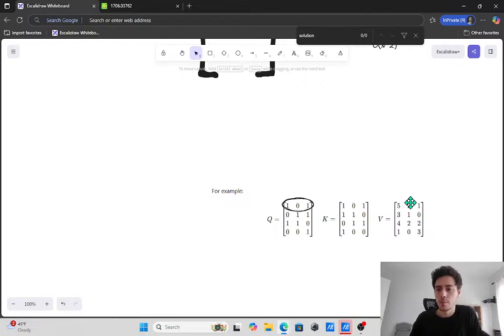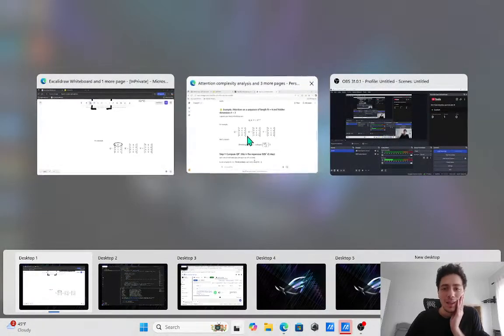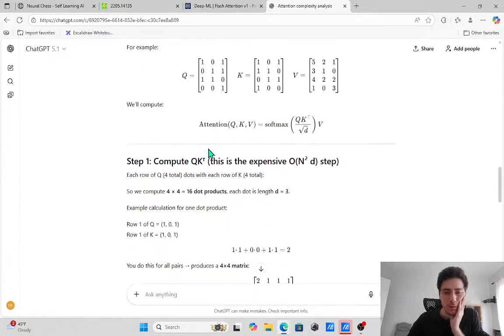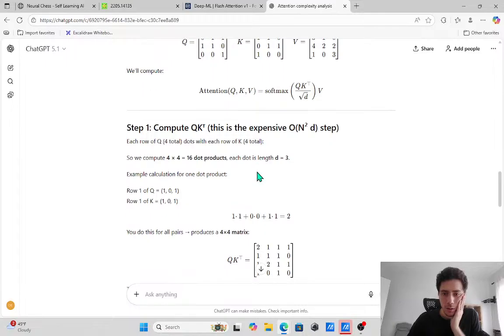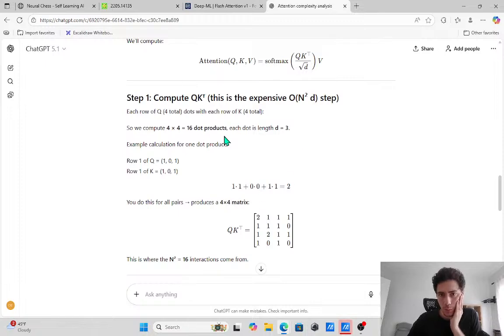Same thing with K, and same thing with V. So we're basically doing the dot product, K should be transposed, and you take this and multiply times this. So it's basically going to be 16 computations, and that's how we're counting it. Yeah, that makes sense, fine. Depth of 3. Okay. So this makes sense why it's n squared.